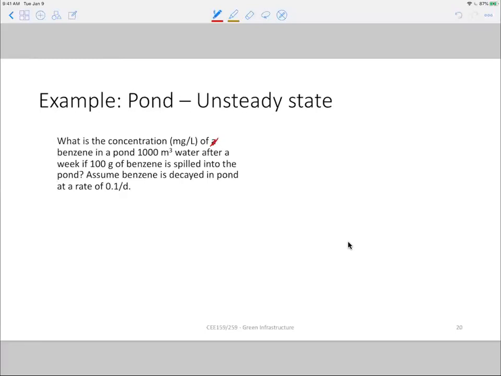So let's see what's given. The volume is given, there is a pond, which is 1000 meter cube. In liters, 1 meter cube is the same as 1000 liter, so that becomes 1 million liter.